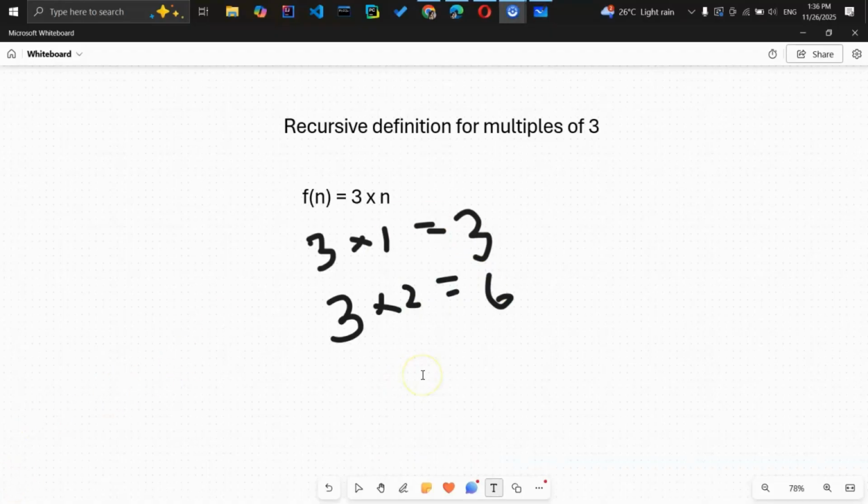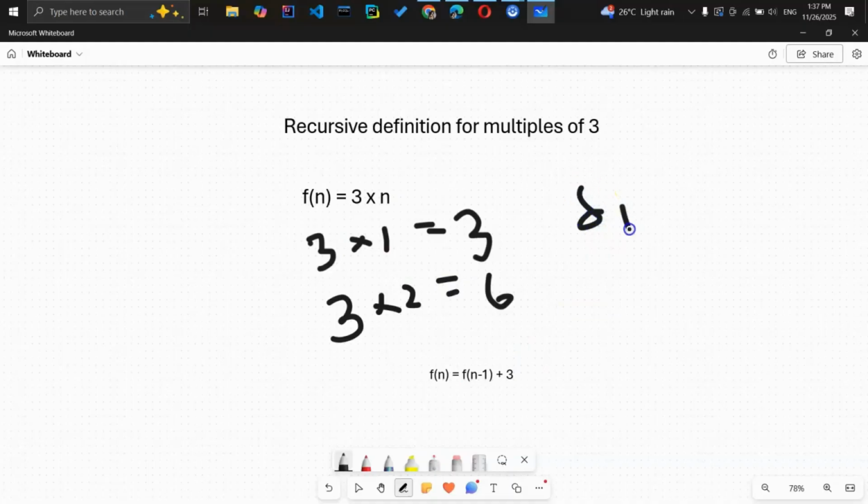And we can represent this in mathematical form like this. F(n) equals F(n minus 1) plus 3, right? Here n minus 1 means the previous term, right? Like this.